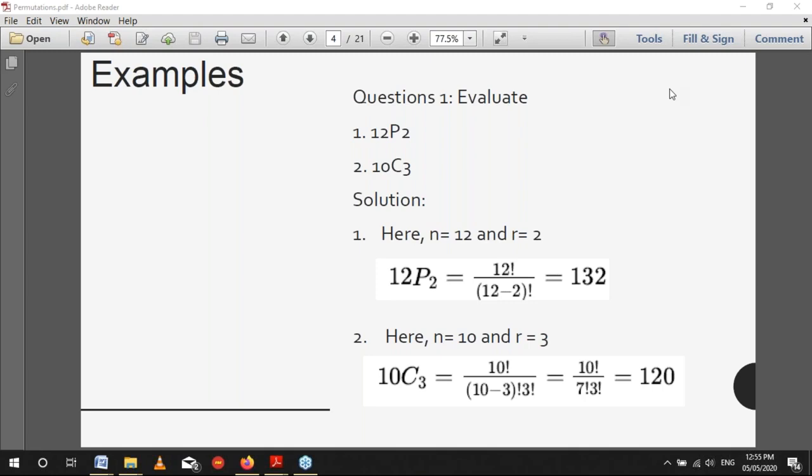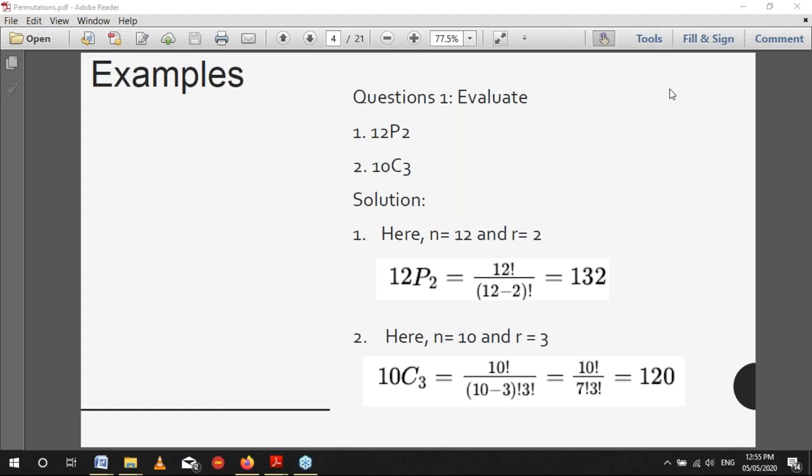Some of us will want to know how we got this. Let's take the first solution there, 12 factorial. 12 factorial is 12 times 11 times 10 times 9 times 8 times 7 times 6 times 5 times 4 times 3 times 2 times 1.